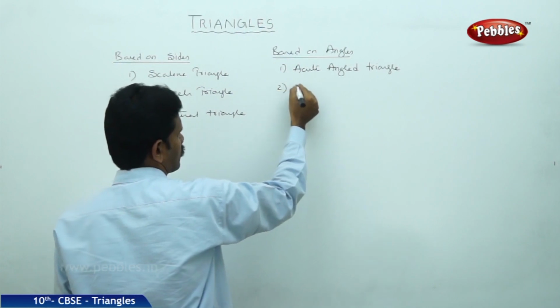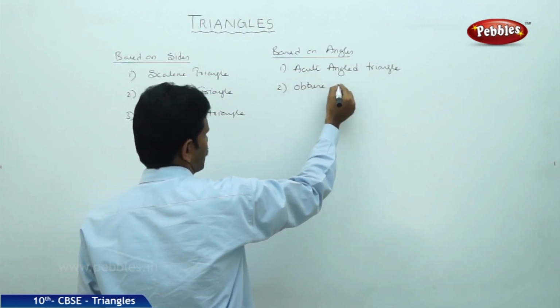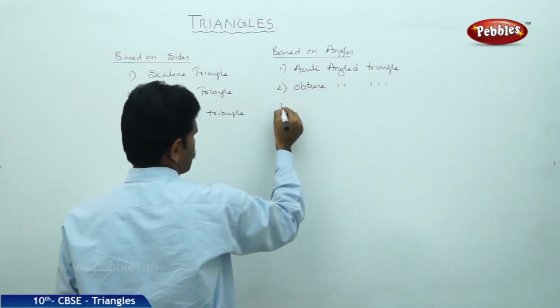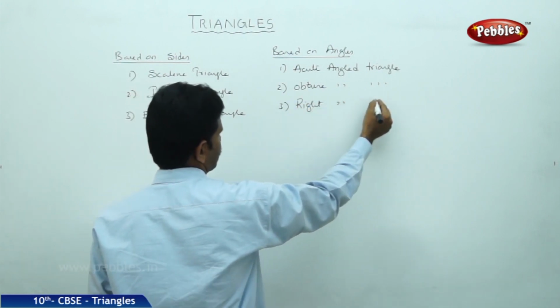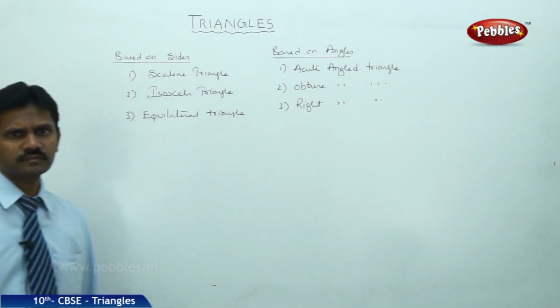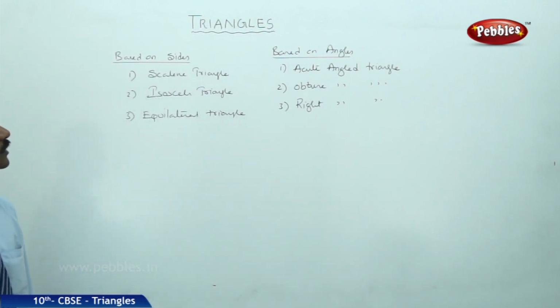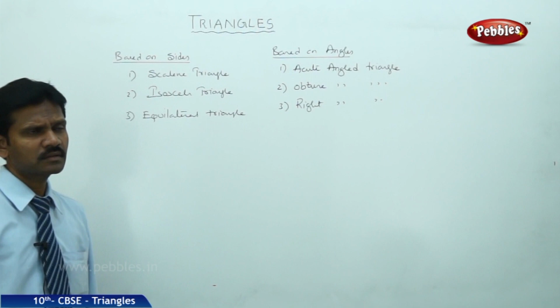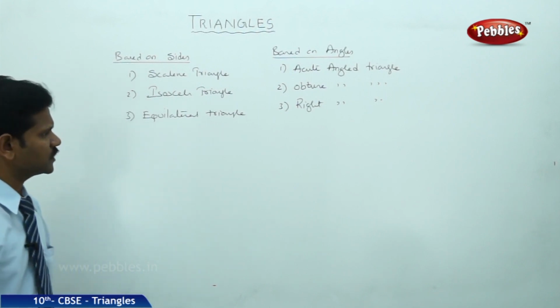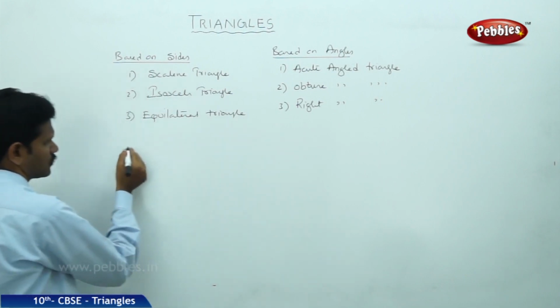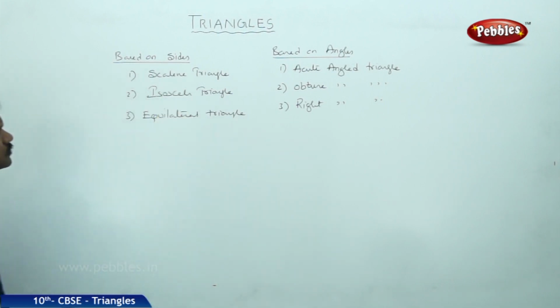Second one, obtuse angled triangle. Third one, right angled triangle. A triangle is a polygon which consists of three line segments. Let us see about these three.